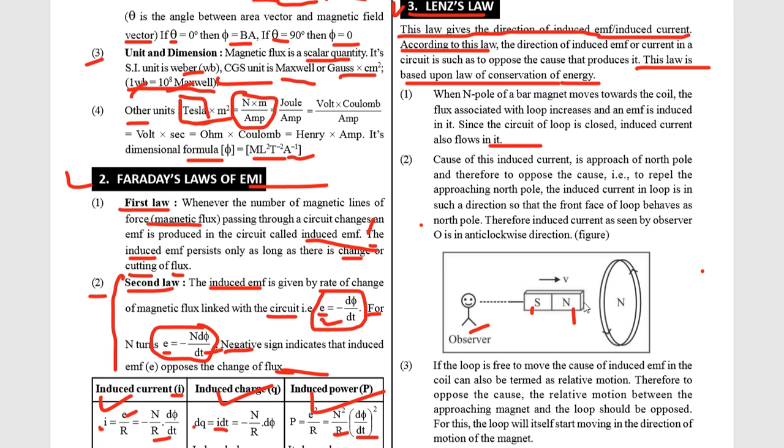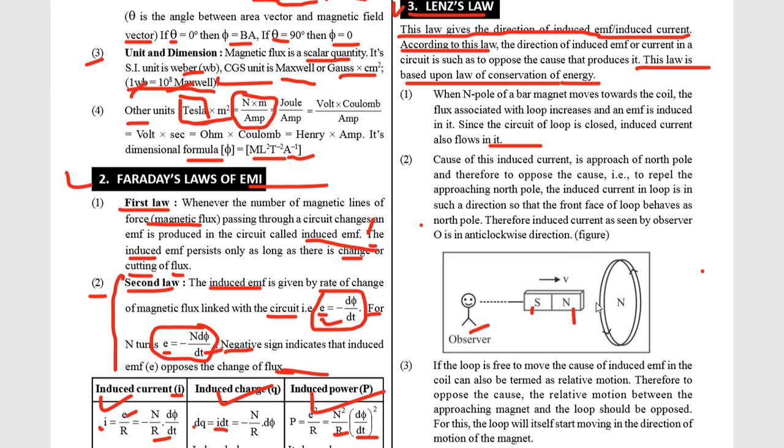Now if it goes away, the magnetic field is decreasing. So if this bar magnet moves toward the coil or away from the coil, in both cases there is a change in magnetic flux. It may be increasing or decreasing, depending on the practical situation. Here we are taking an example where it increases if the north pole moves toward the coil, and it decreases if it moves away from this coil.